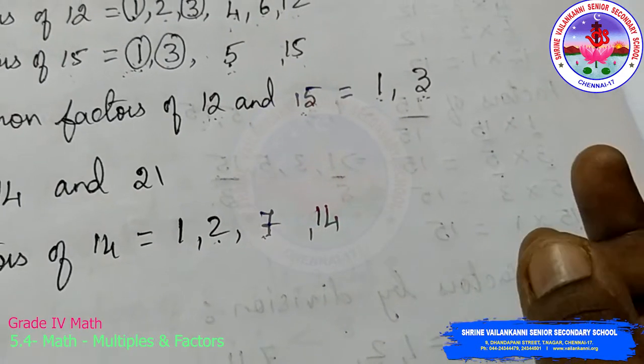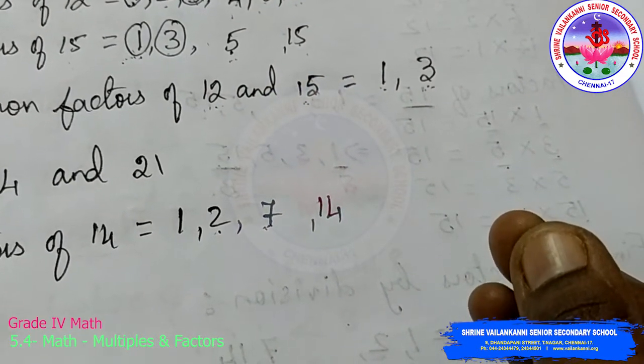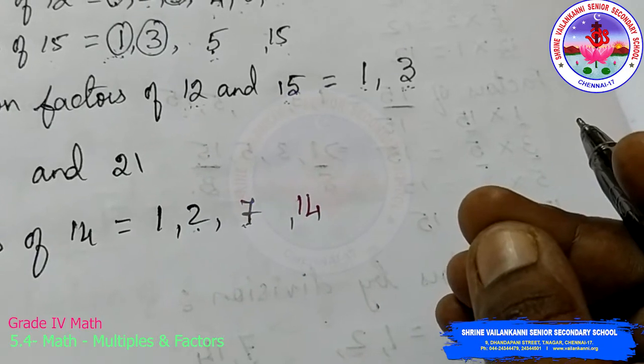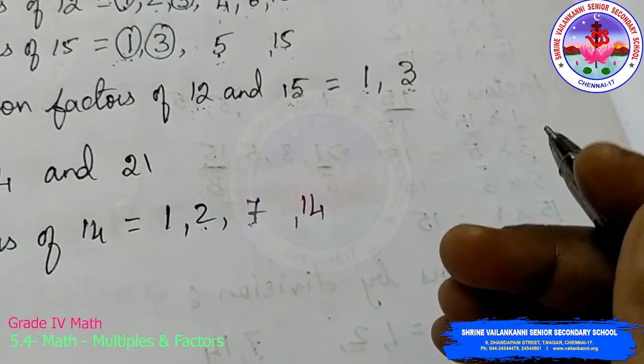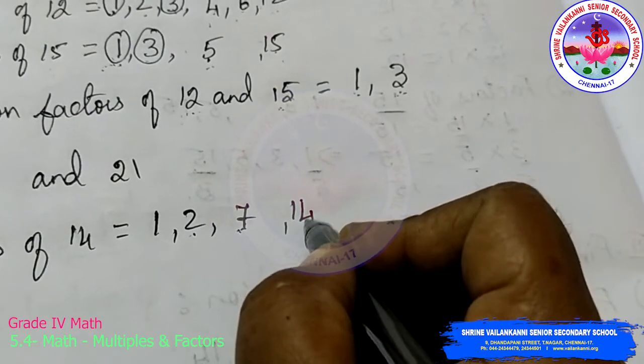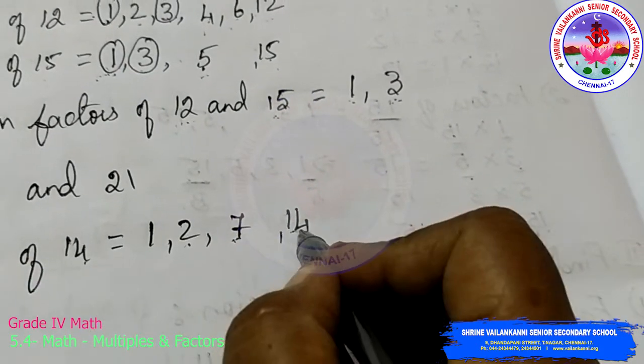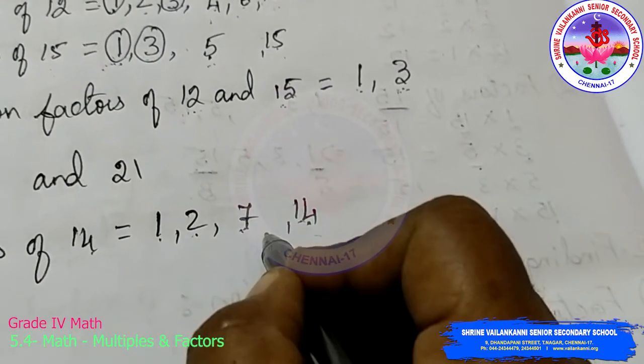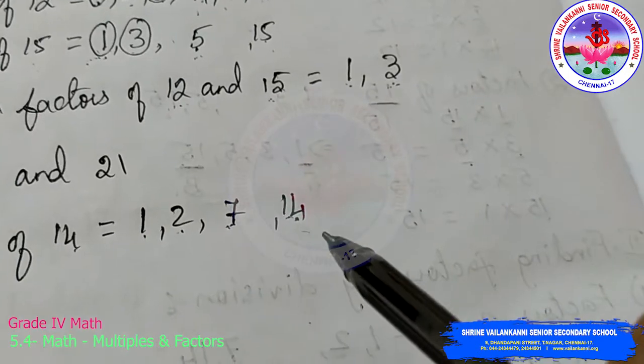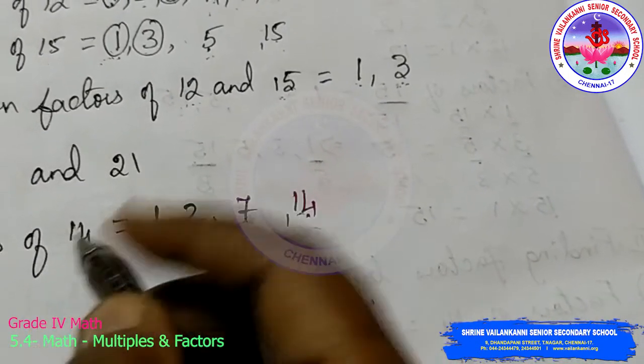After the 7 table, 8 is not possible, 9 is not possible, the 10 table will not get 14, and 11, 12, 13 also will not get 14. In the 14 table we will get 14: 14 1s are 14. So in total we have 4 factors for the number 14.